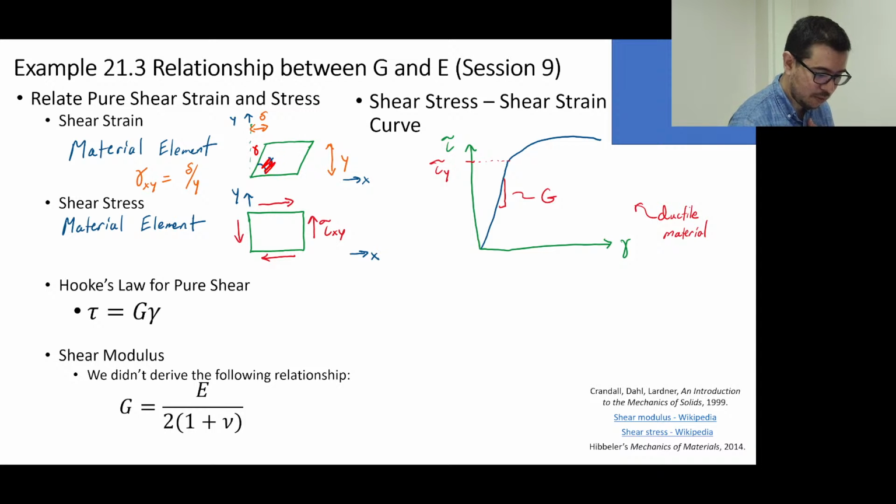The gamma's in here, right? And this is the material element. We have a Hooke's law for pure shear, and we talked about the shear strain curve. But we didn't derive that G is equal to E over quantity 2 times 1 plus nu. Here we go.